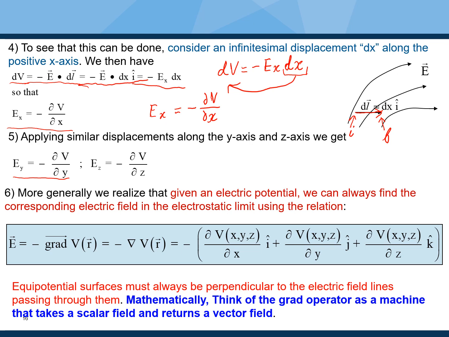And we can obtain the electric field in the z direction by taking an infinitesimal displacement in the z direction and asking what the potential change is in the z direction, and therefore obtain Ez, which is just given by minus dV by dz.